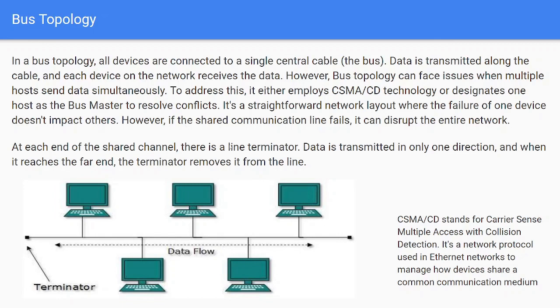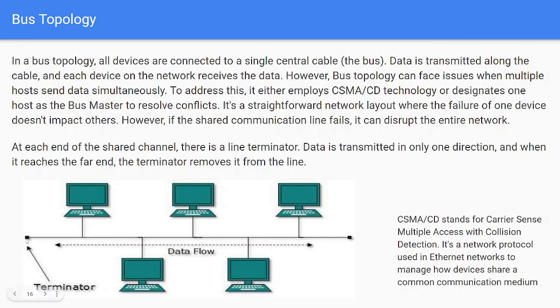But then, if the shared communication line fails, the network is disrupted. So if this line fails, the network is disrupted and you have to go and replace the shared communication line.